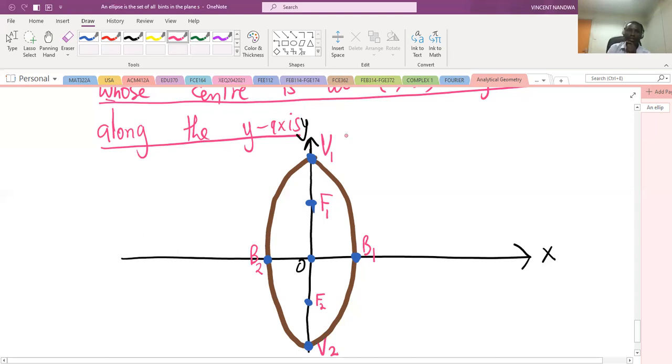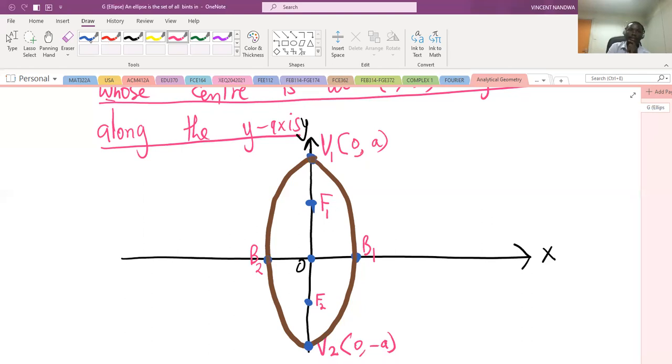So the coordinates of this one will be 0, a, and this other one will be 0, -a. And the coordinates of this one will be 0, c, and this other one will be 0, -c.